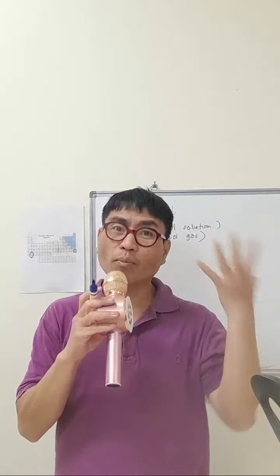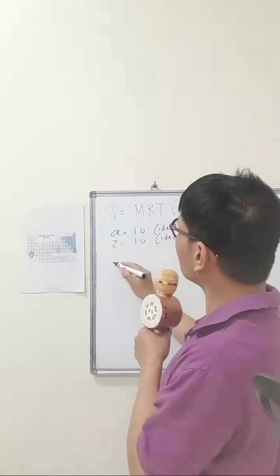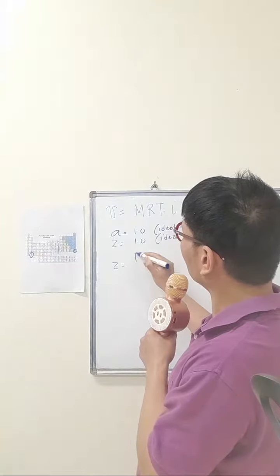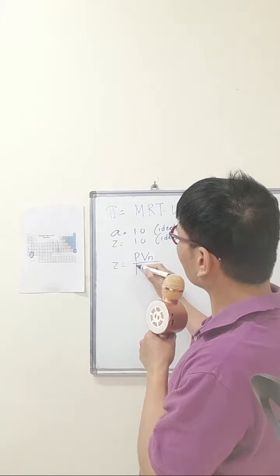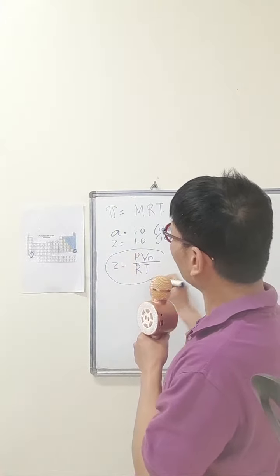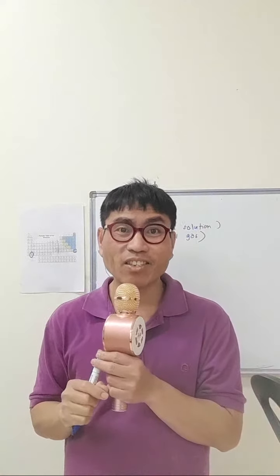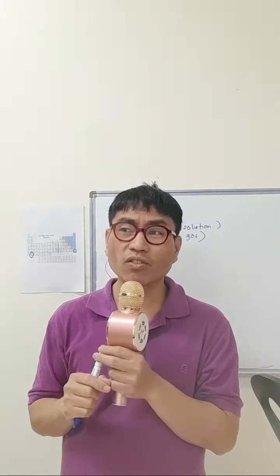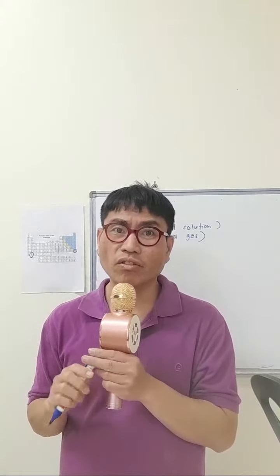Okay, but for compressibility factor, we have a specific formula: Z equals pressure times the molar volume over the universal gas constant times the capital T. So in this situation, you can really prove whether the gas you are solving is ideal or not, so that you can use the PV equation.